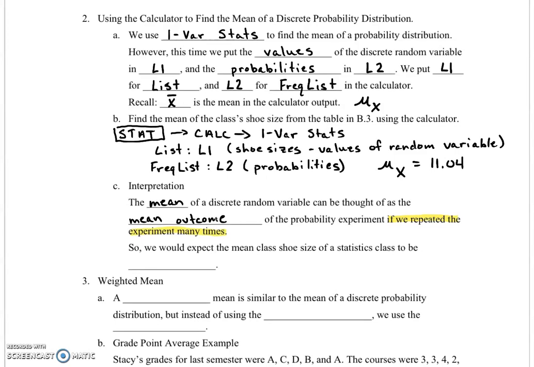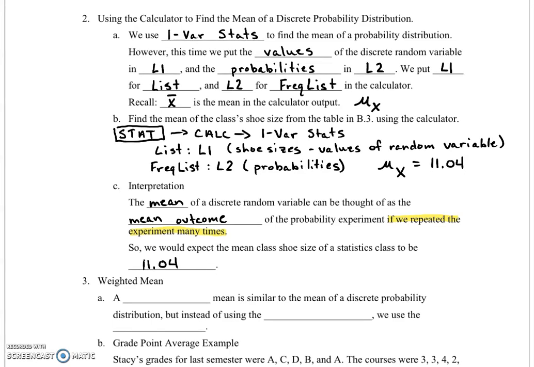So if we just do it once, we might not get anywhere close to a mean shoe size of 11.04. But if we took lots and lots of classes and repeated this experiment many, many times, we would get approximately 11.04 for the mean shoe size. So that means we would expect the mean class shoe size of a stats class to be 11.04.